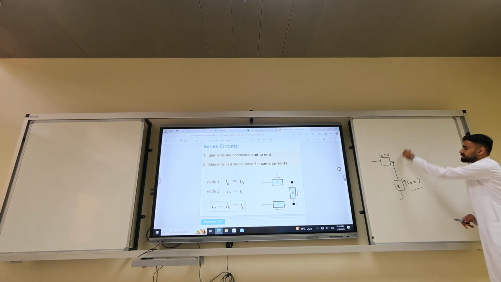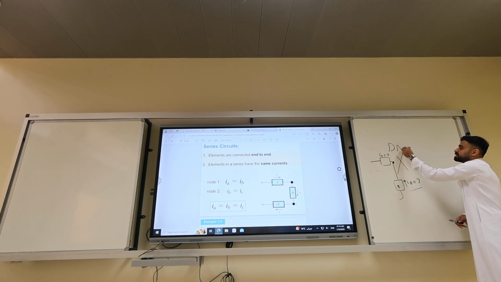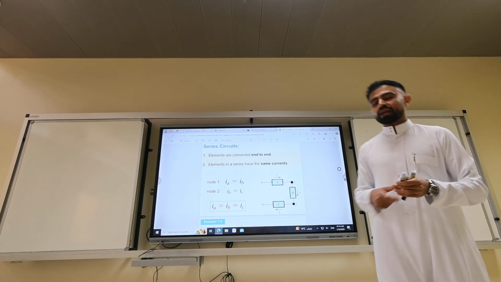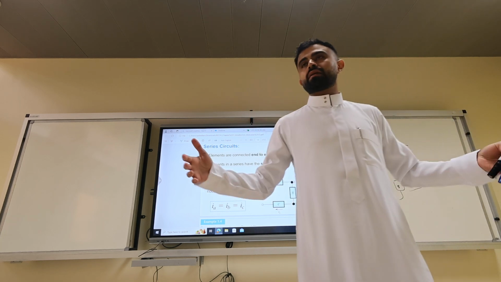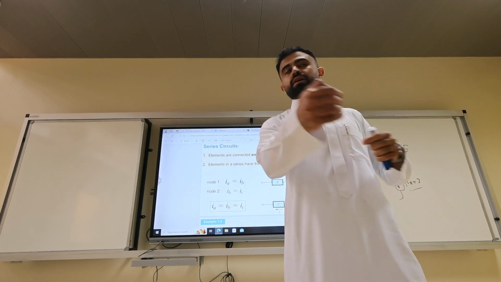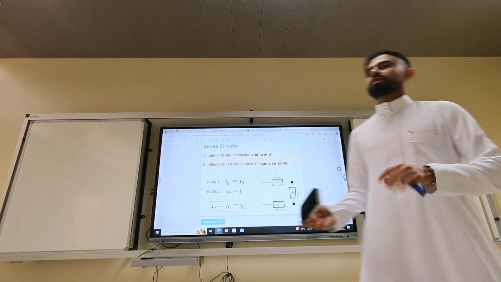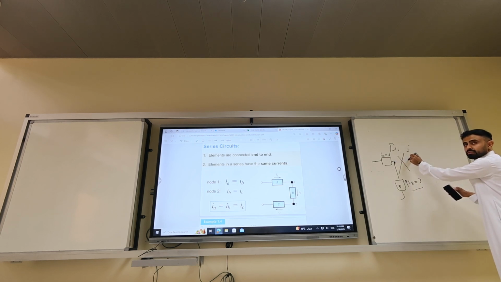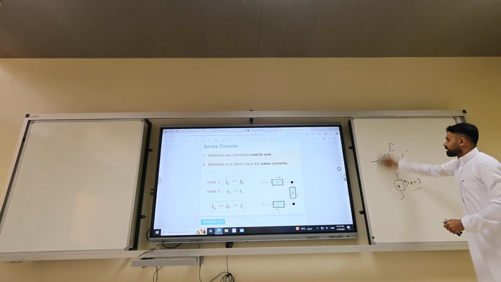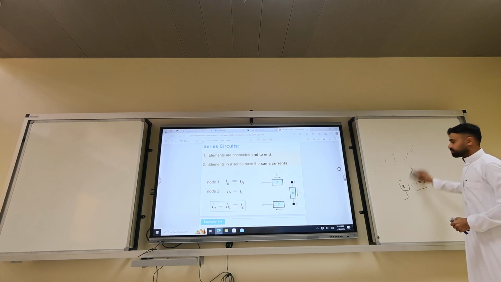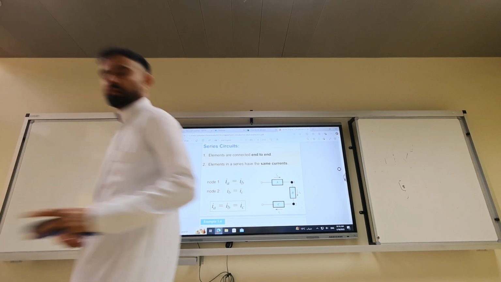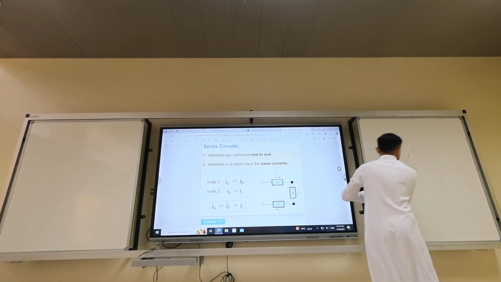No, that does not exist. You can't have a flow in a pipeline, if you measure it from one direction, equal to the other direction. Now if you have a third element, yeah, this can happen. That's the whole idea of KCL. Okay? Okay, guys?